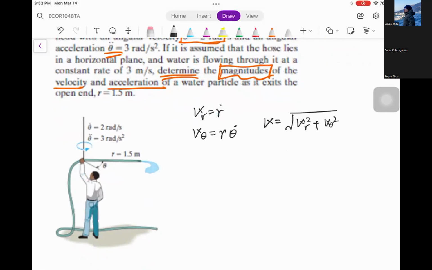And the acceleration is also given by the equation. A_R is equal to R double dot minus R theta dot to the power of 2, and A theta is equal to R theta double dot plus 2 times R dot theta dot.